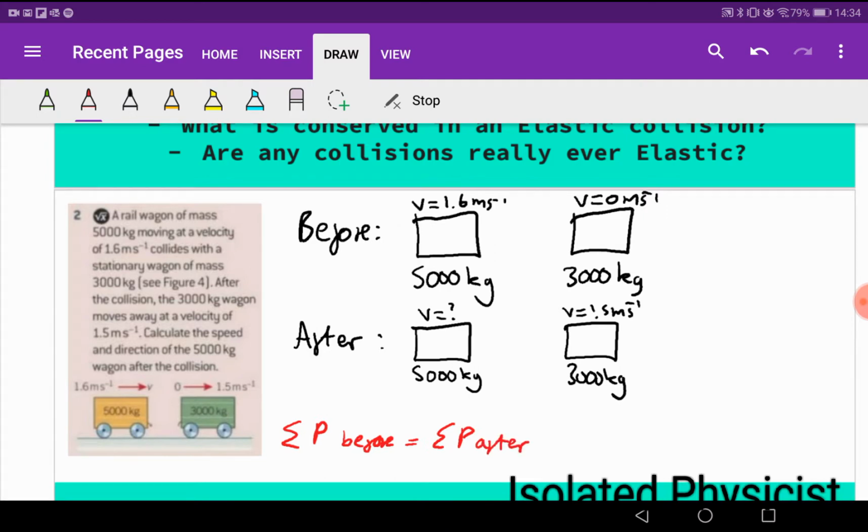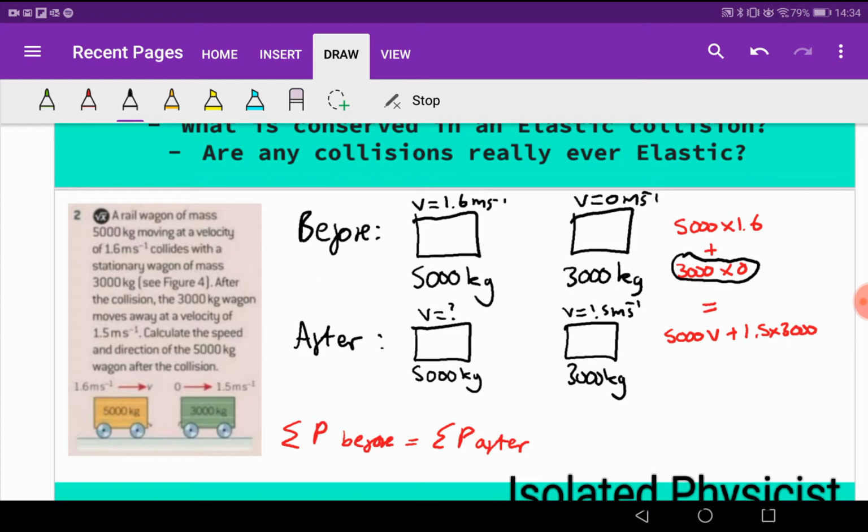Well, we've got 5,000 times 1.6 plus 3,000 times 0 for before, and that must equal 5,000 V plus 1.5 times 3,000. There's our equation. This term is 0, so let's do 5,000 times 1.6.